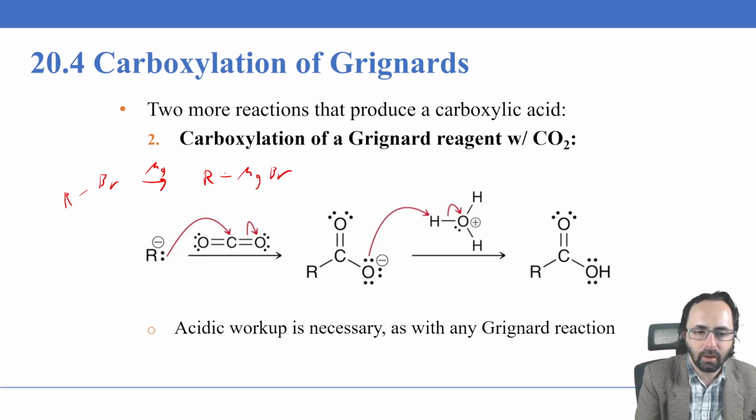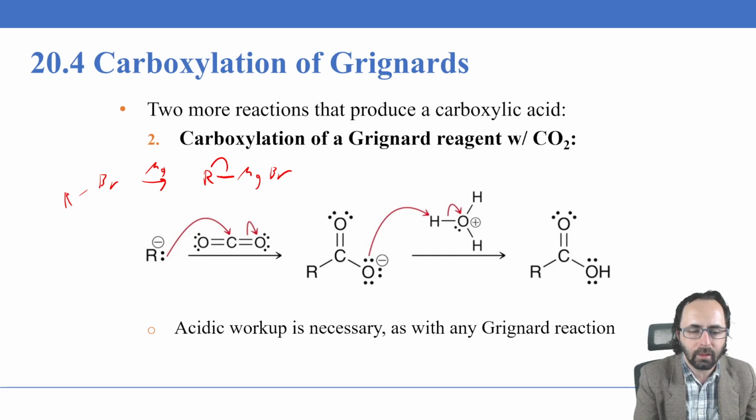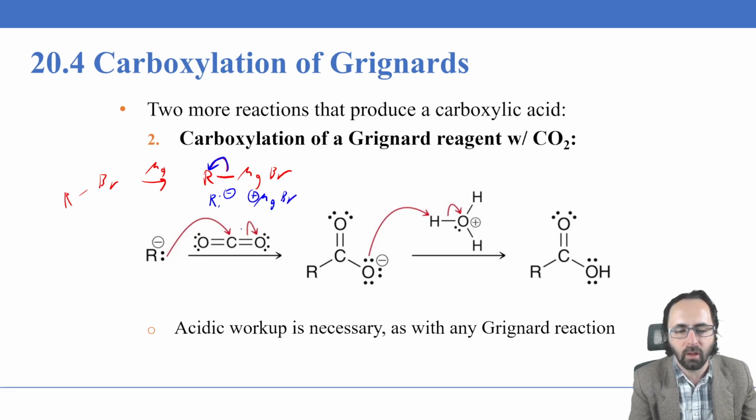And really, because the carbon is so much more electronegative than the magnesium, it's going to be taking the electrons with it, essentially. And what we get really here is a carbanion, and then we have a positively formal charged magnesium, which does not involve itself in the reaction.